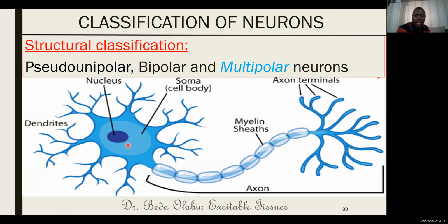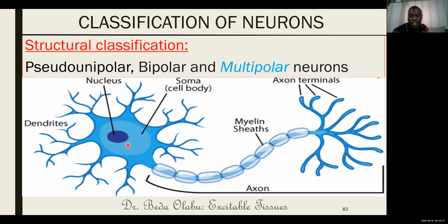Motor neurons are neurons which supply effectors, neurons that arise from the central nervous system and go to effectors, effectors being either muscles or glands. So neurons which come all the way from the central nervous system and transmit signals from the CNS to effectors, which are either muscles or glands, are considered motor neurons. These motor neurons are multipolar.